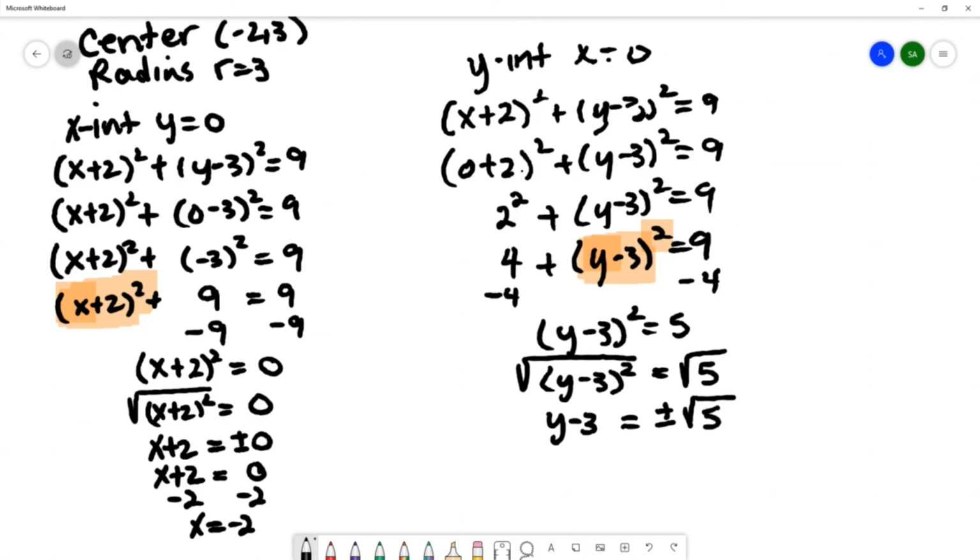And square root of 5 can't be simplified anymore because 5 is not a perfect square and it doesn't have any perfect square factors. And I'll add 3 to both sides, and we have y equals 3 plus or minus the square root of 5. So we have two y-intercepts, a y-intercept at 3 plus square root of 5, and another y-intercept at 3 minus square root of 5.